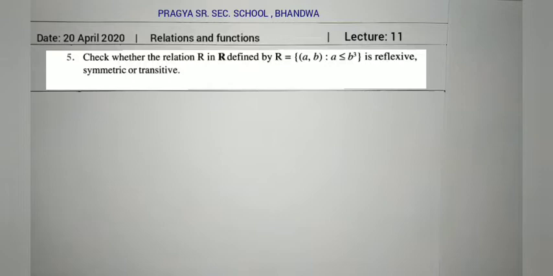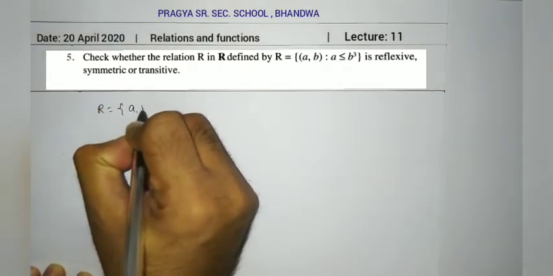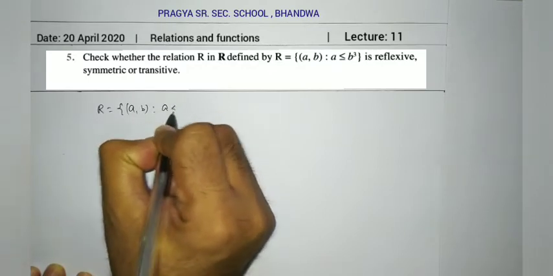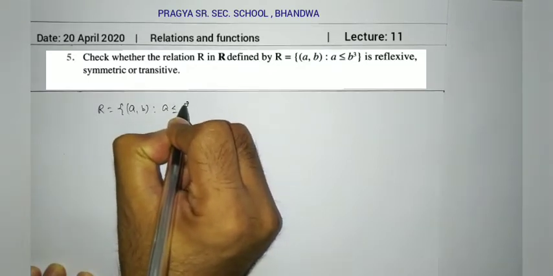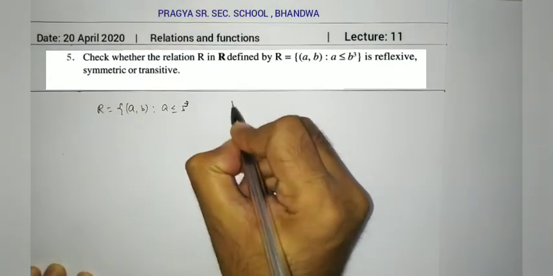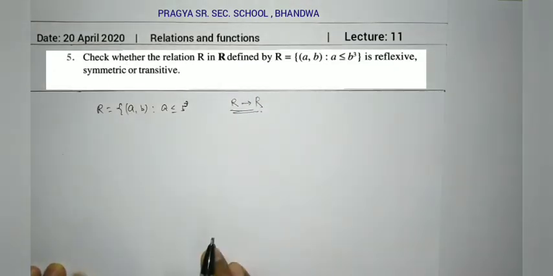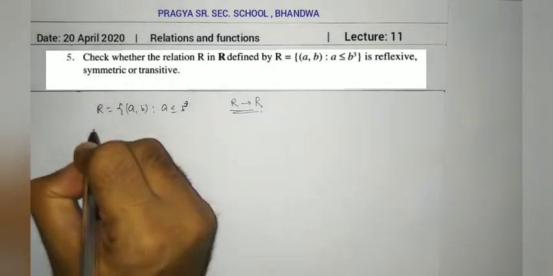Our relation is (A, B) such that A is less than or equal to B cube, and again it is on real numbers. We will follow the same procedure as in question number 2, the same technique.